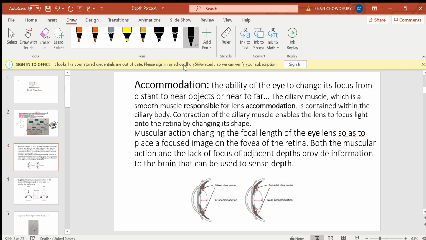To see things clearly, the image must fall on the center part of the retina. You already know that, right? So that's why it gets blurry. That blurriness is also a good clue for your brain that the object is pretty close to your head, right? And if you move away again, it gets clear.